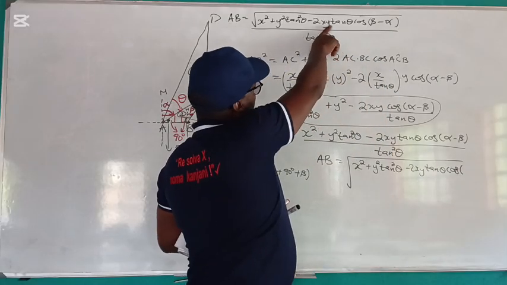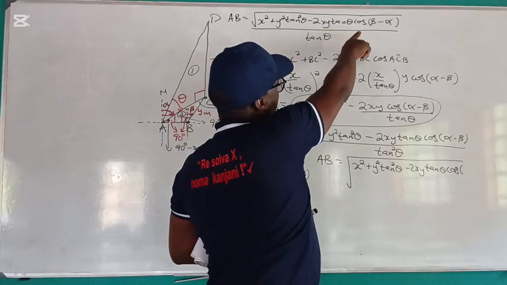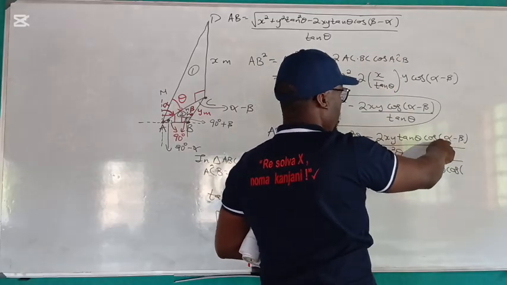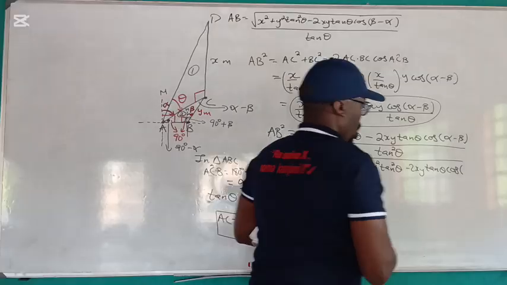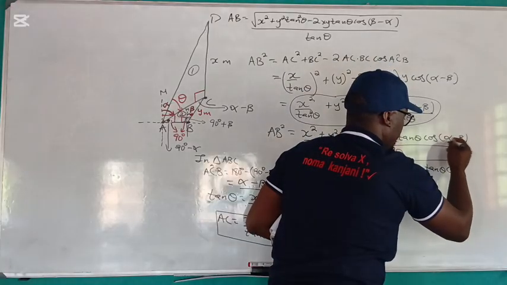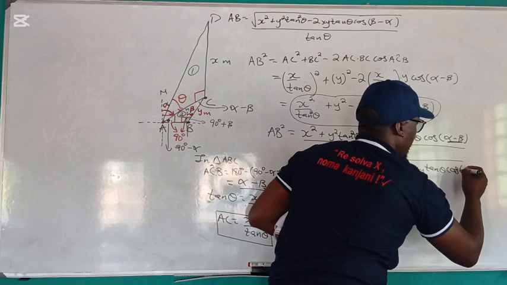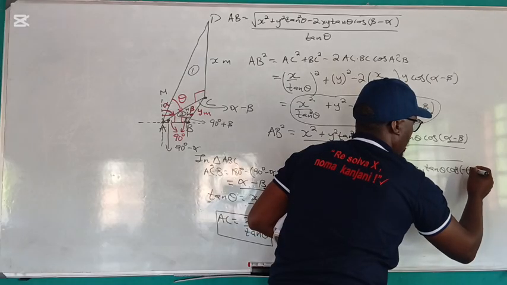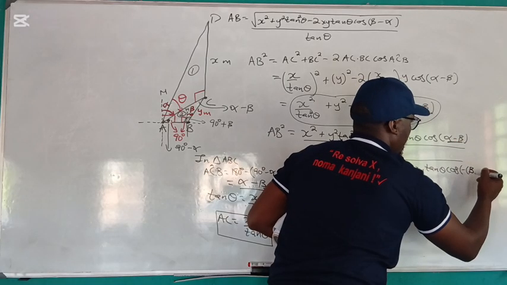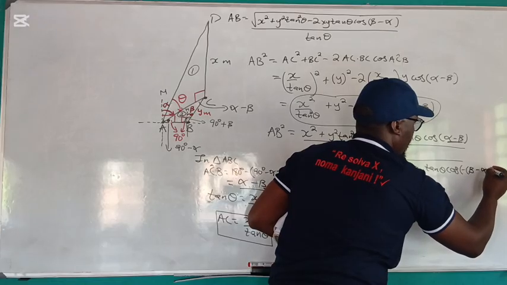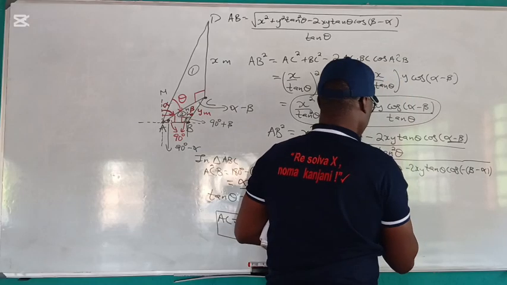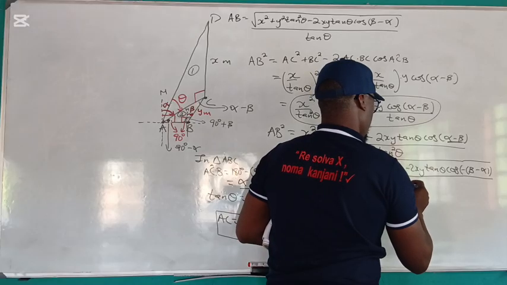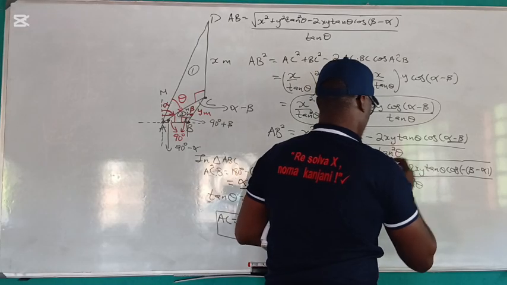Now in that equation over there, we've got cos of beta minus alpha. Over here we've got cos of alpha minus beta. So let's rearrange that. Let's take out negative 1 as a common factor. Then we'll have beta minus alpha, all divided by tan theta squared.